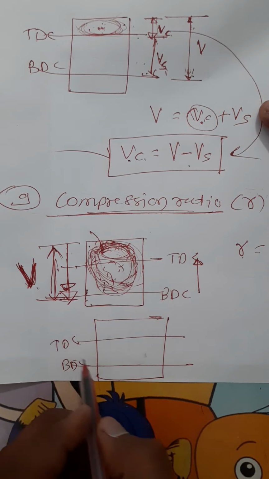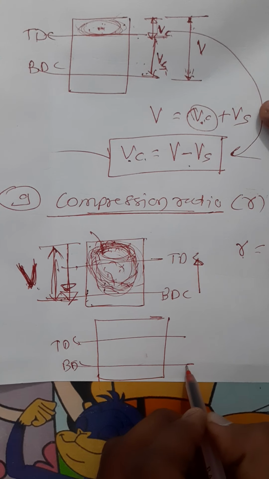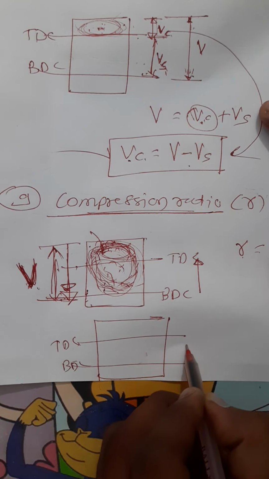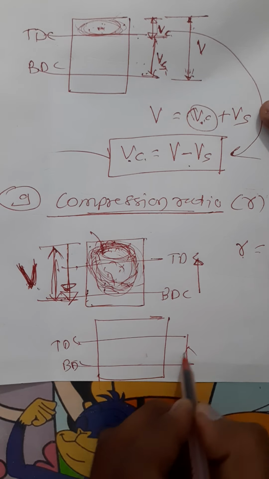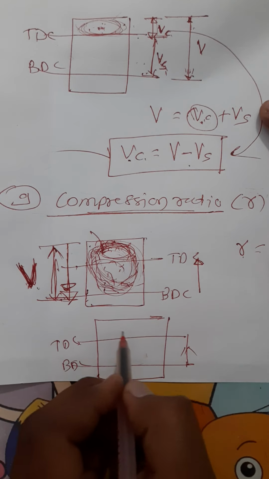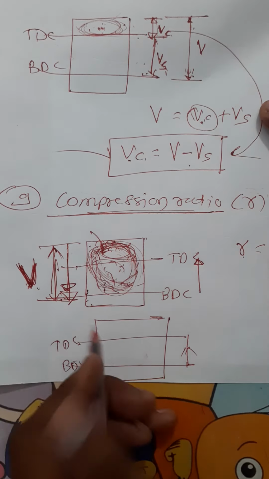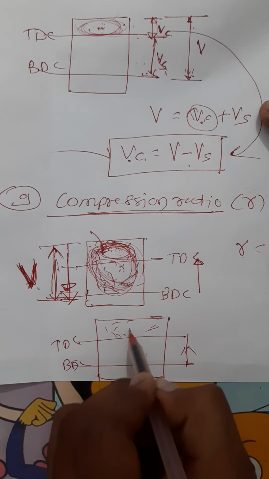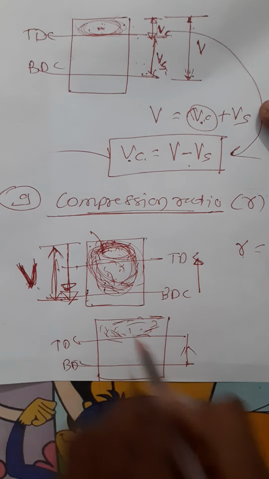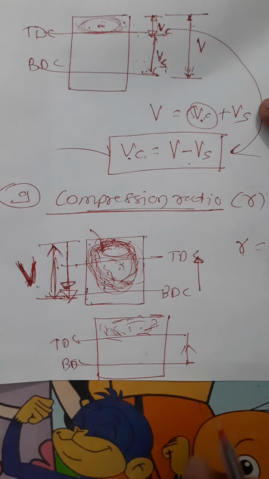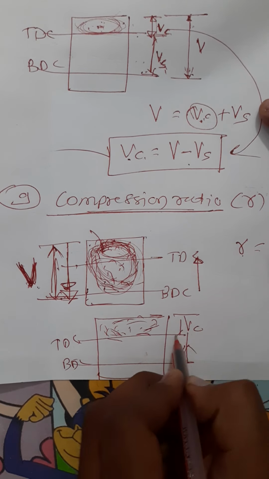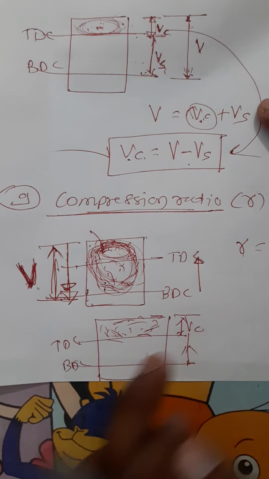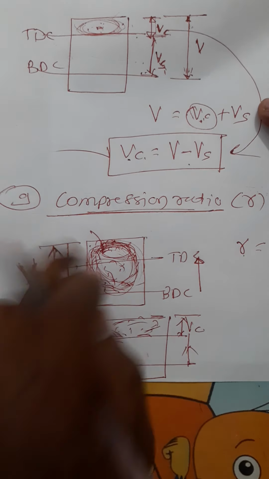Now in the next stroke our piston again starts to move from bottom dead center to top dead center. In the second stroke, all the charge from the first stroke is compressed at the end of this compression stroke over here. Are you getting it? So this is VC. You know very well this is VC. So this VC and this V.